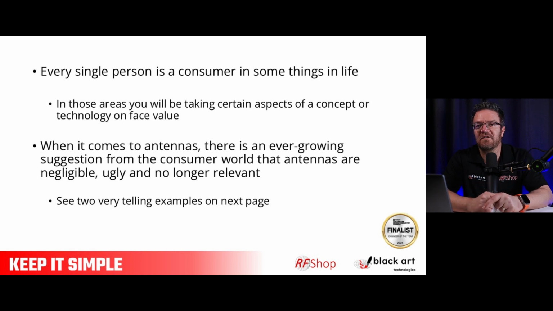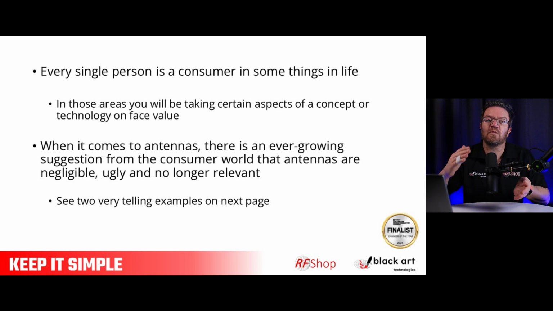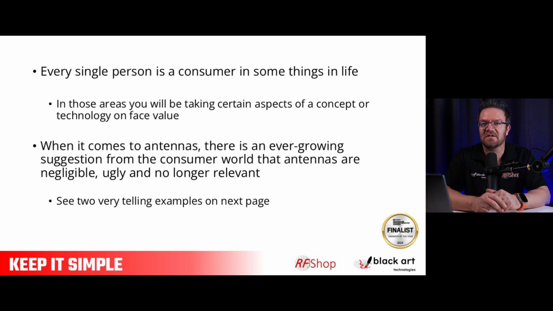Now that I think about it, if you look at cars as well, they have little shark fins at the back. No longer the long old whip antenna that came out to get you FM radio. But there is a price, because you do want that big antenna to get what you really need. You get a smaller antenna because the electronics behind it got better. But if you were to combine the bigger original external, visible antenna with the better electronics, you would actually have had a better solution.